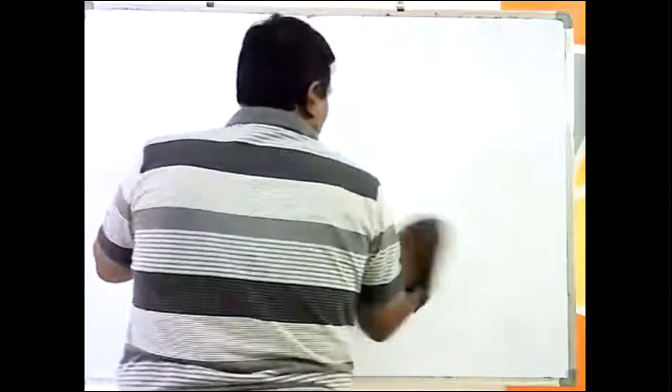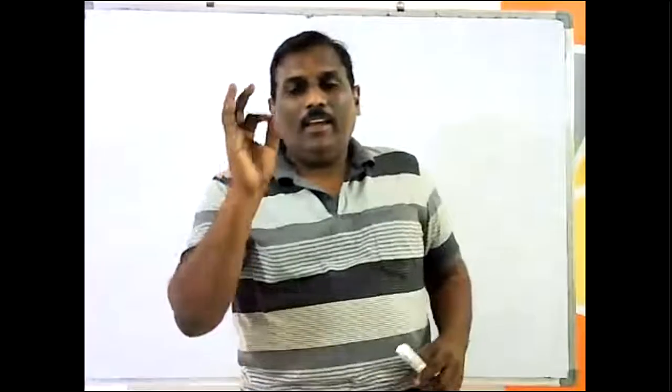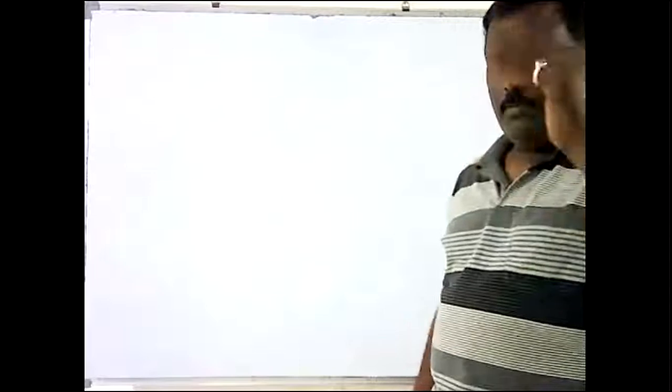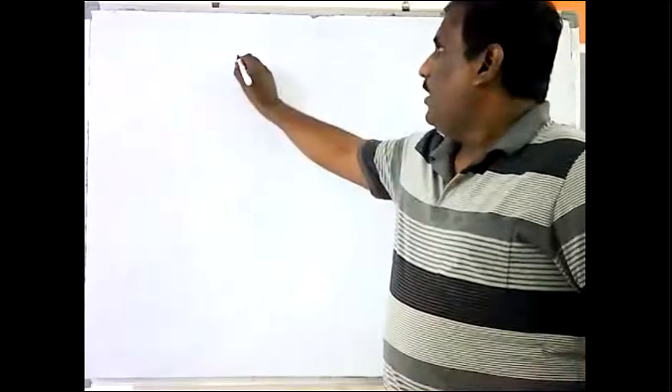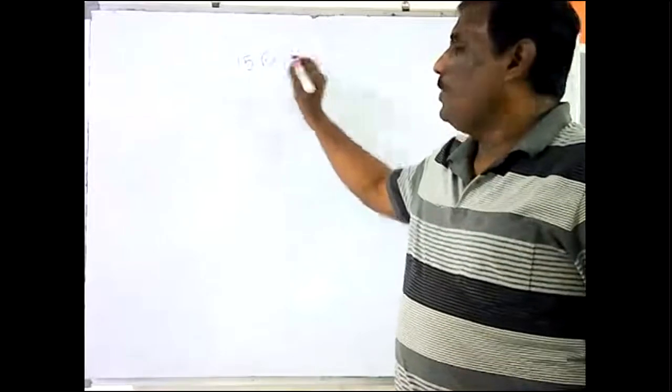I will do an easy question so that you can answer now. I will give one easy question. One small kid, maybe your age, went to a shop with 15 rupees with him.